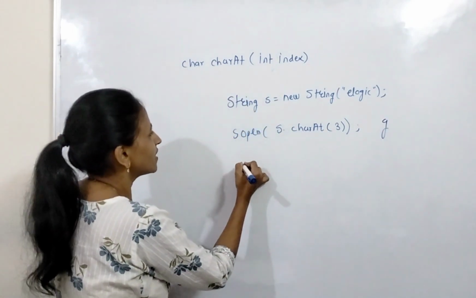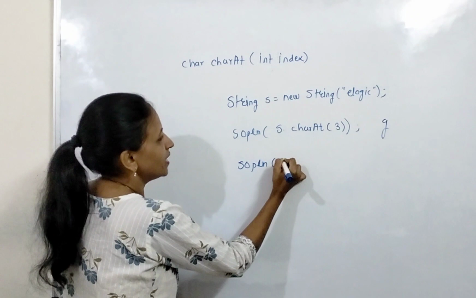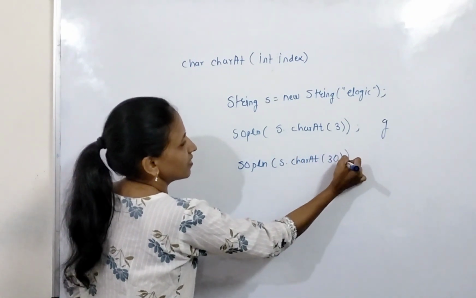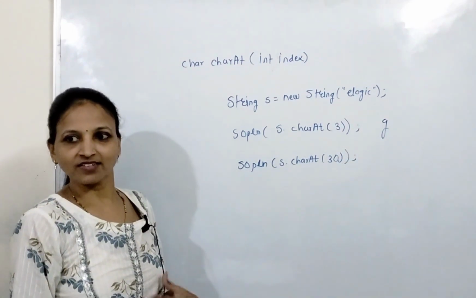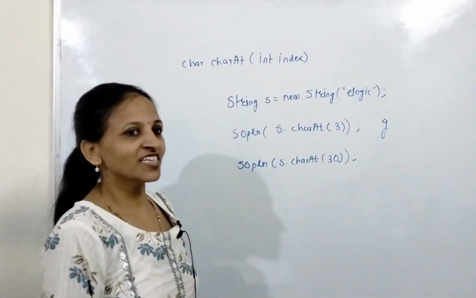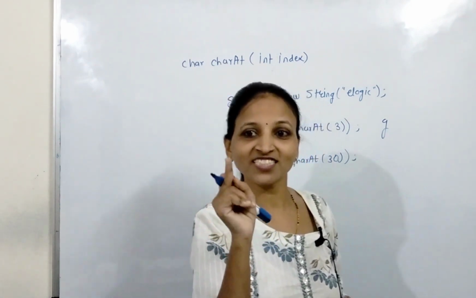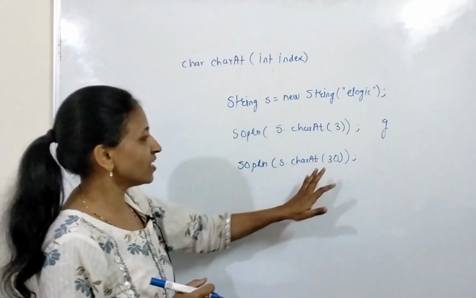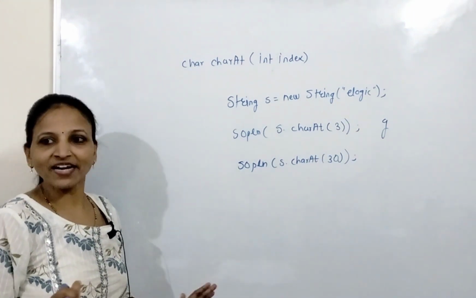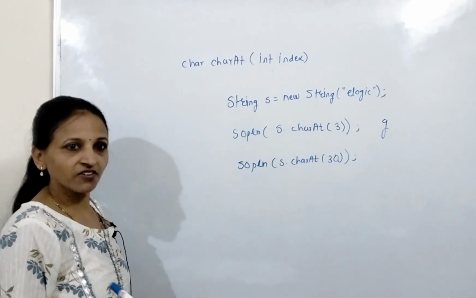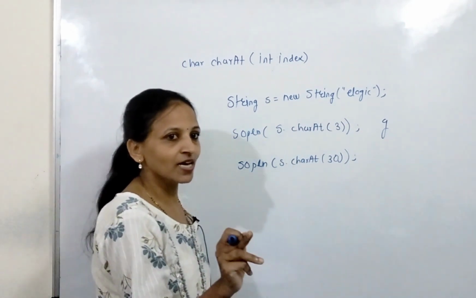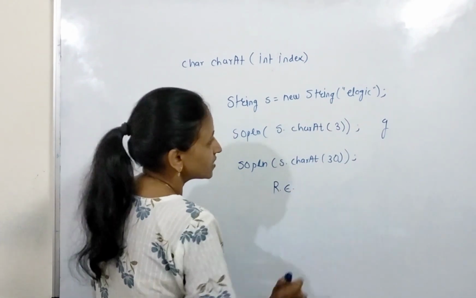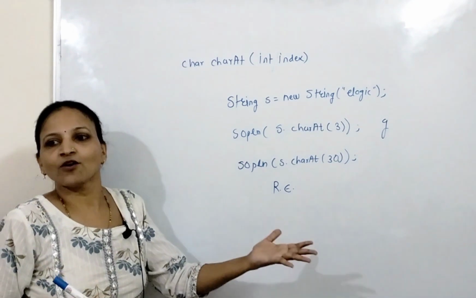Now let me write it like this: sopln s dot charAt 30. Now here, of course, index out of bounds. Strict bound checking is there in the case of both array and string. That's why here you will get a runtime error. You will not get a compile time error. The JVM will raise that runtime error, which is nothing but string index out of bounds.